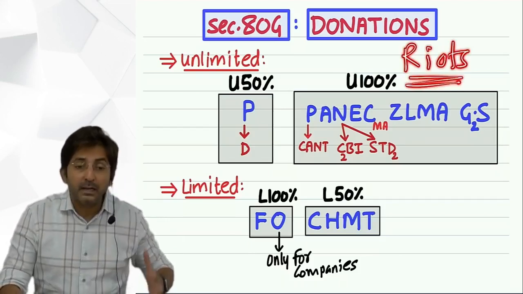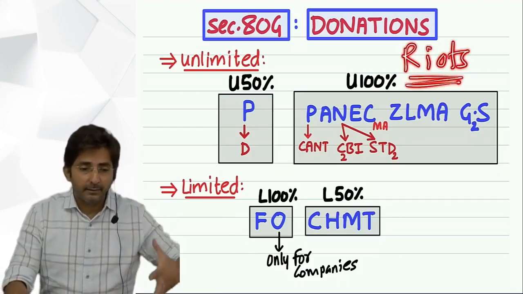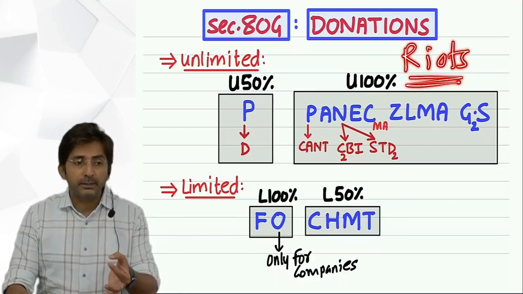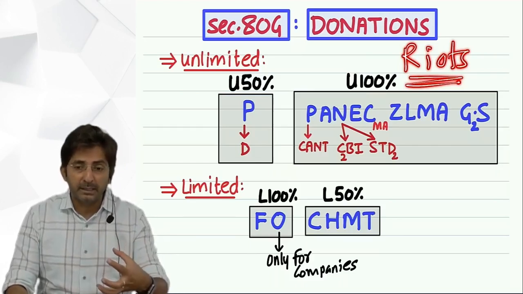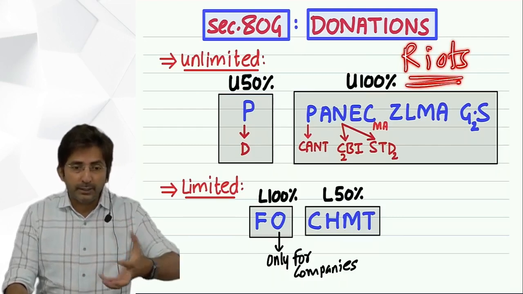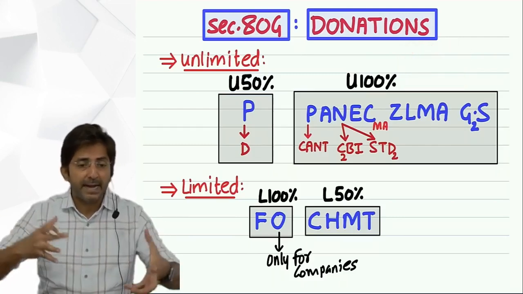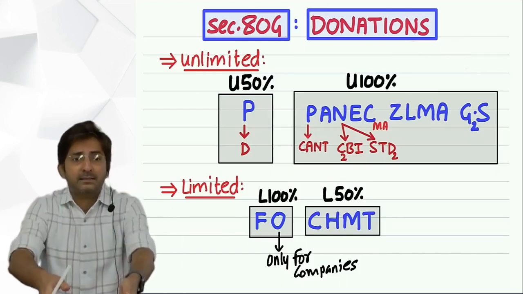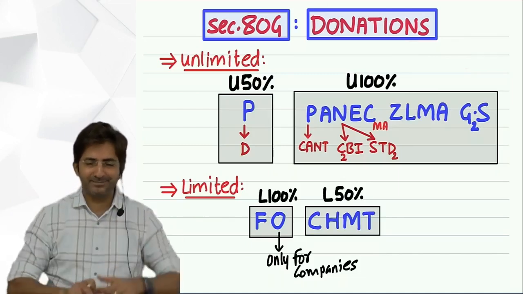In Hindi we call it danga fasad. Whenever there is communal fighting between the Hindu community and the Muslim community, for that we are collecting donation. Not to do riots, but to bring peace.